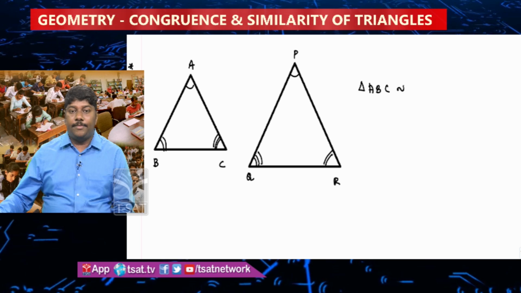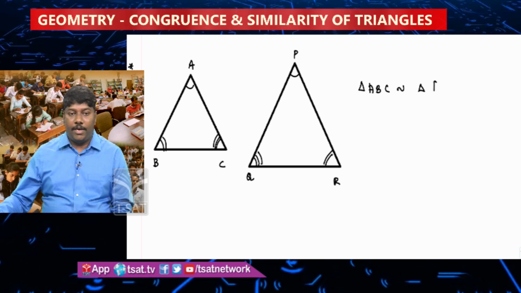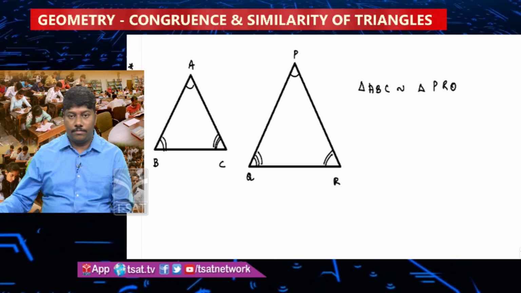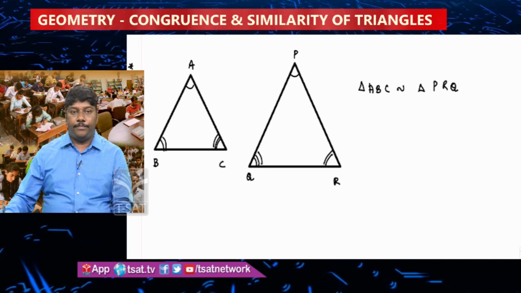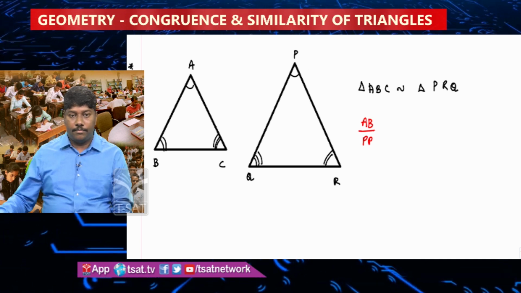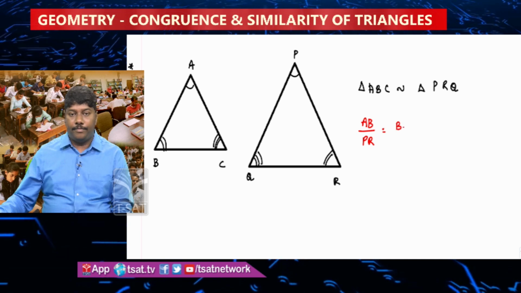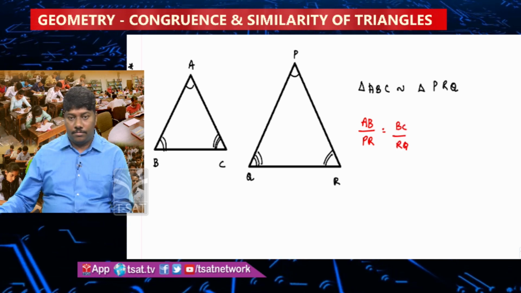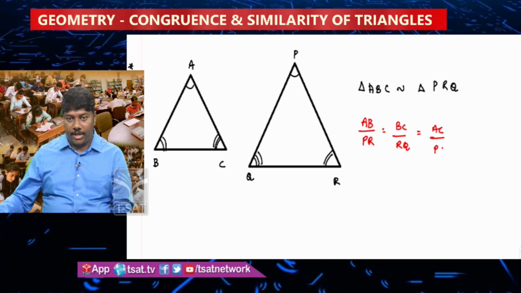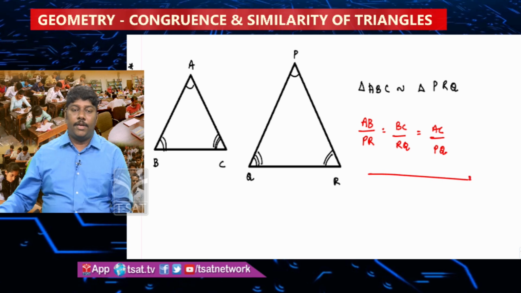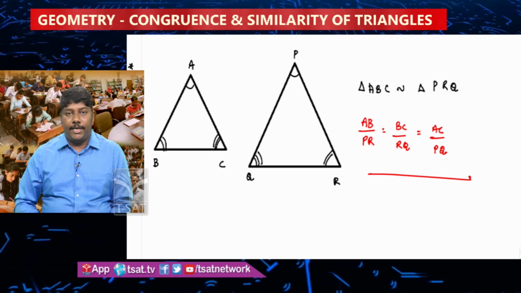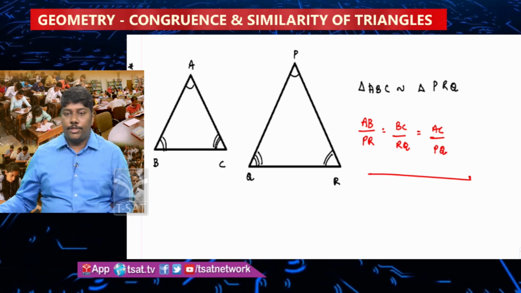A is the same as P, B is the same as R, therefore PRQ. Now we say AB by PR, BC by RQ, AC by PQ. Like this we say area 1 by area 2 is equal to any of these side ratios whole square. That is how we proceed.